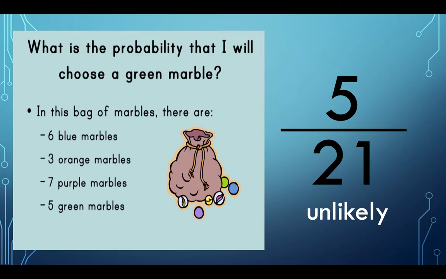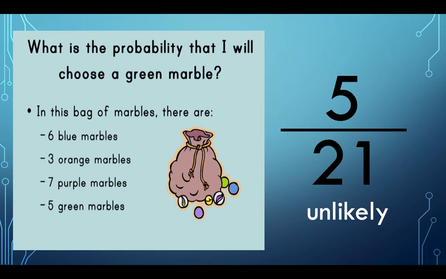All right, let's look at this one. This one is a little bit harder. It says, what is the probability that I will choose a green marble? In this bag of marbles, there are 6 blue marbles, 3 orange, 7 purple, and 5 green. So if we're determining the probability for the green marble, there are 5 green marbles, so that is your numerator.